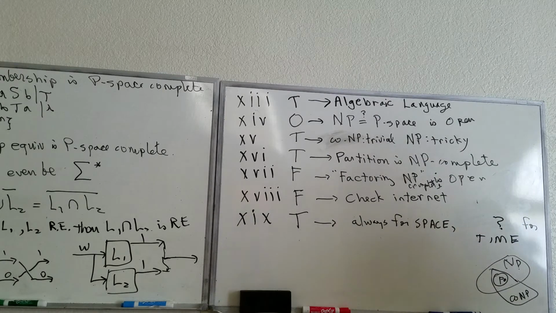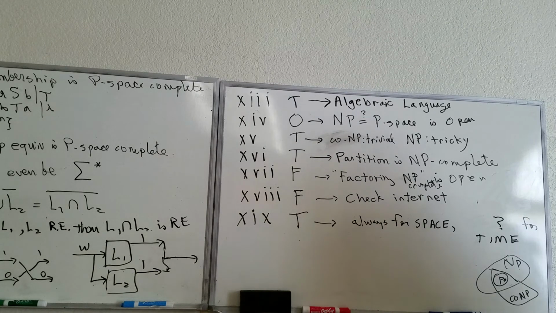Let's look at 18. That's on the next page. NC equals PSPACE. Now you know that NP is not known to be P, and you know that P is not known to be NP. NP is not known to be PSPACE.